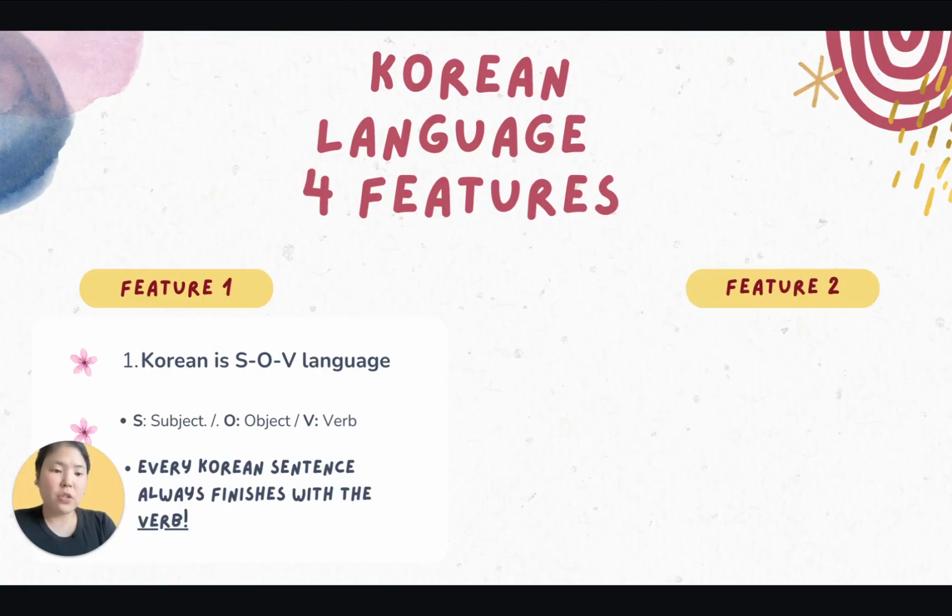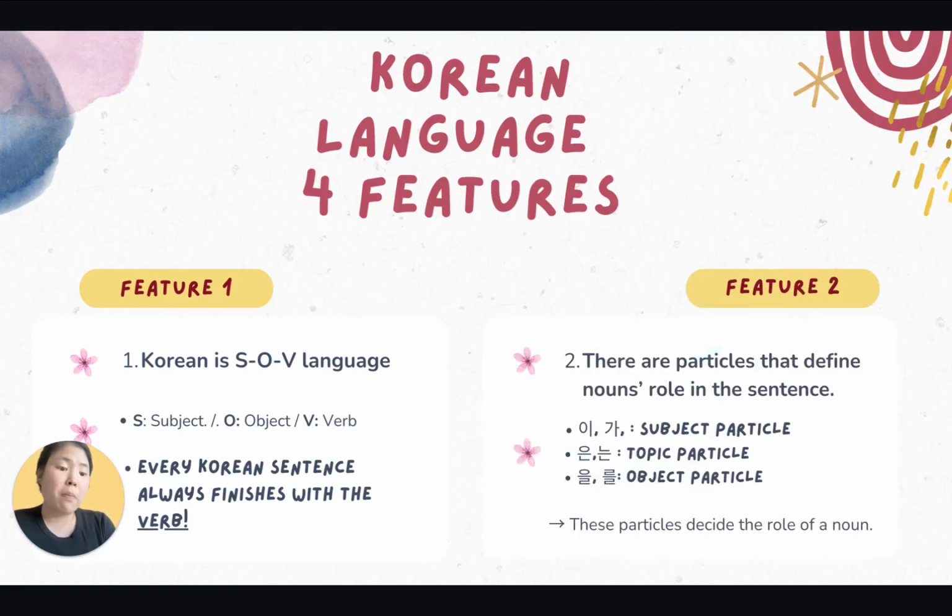The second feature is that there are particles that define the noun's role in the sentence, such as 이/가 are subject particles, 은/는 are topic particles, 을/를 are object particles. These particles always come right after the nouns, and whenever you see these particles in a Korean sentence, you can decide whether the noun is the subject, topic, or object in the sentence.